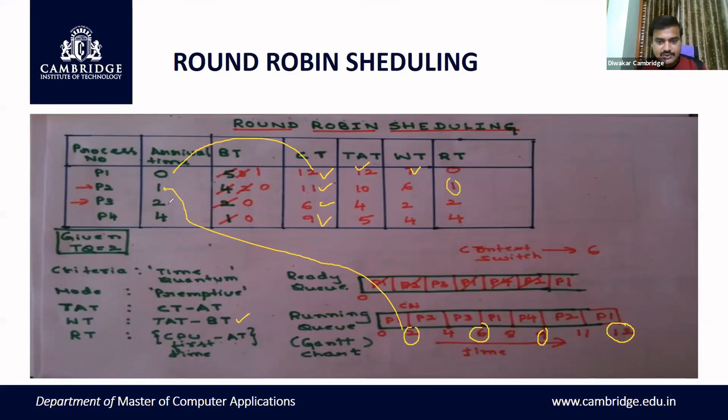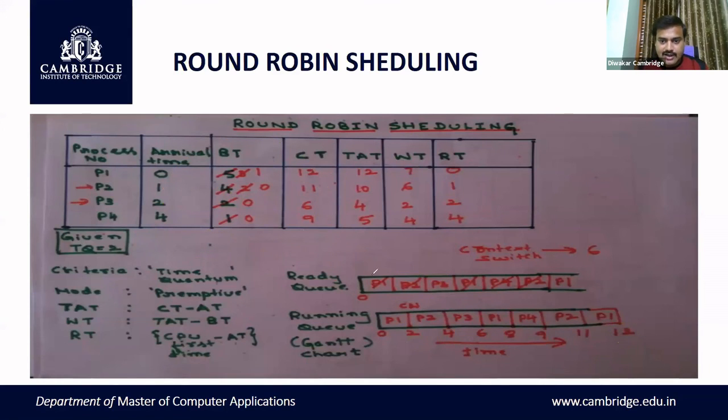Next, when did the process P3 get it the first time? 4. Arrival time is 2. 4 minus 2 is 2. When did the process P4 get the CPU the first time? 8. Right? Here 8 minus 4 is 4.